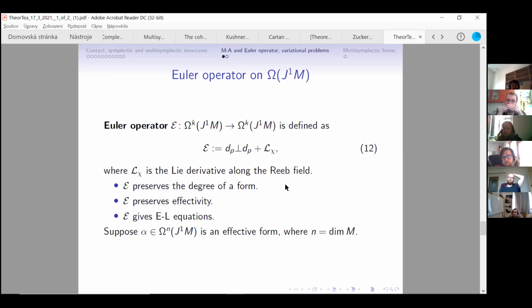So if we want to compute cohomologies and include the notion of effective forms, so be dealing with only k-forms which are factorized by the ideal that you have seen before, the ideal generated by the contact form and its exterior derivative, then in fact in k equals n, am I saying it correctly?